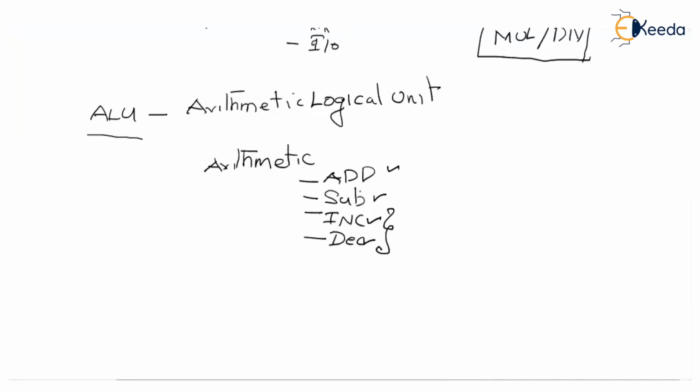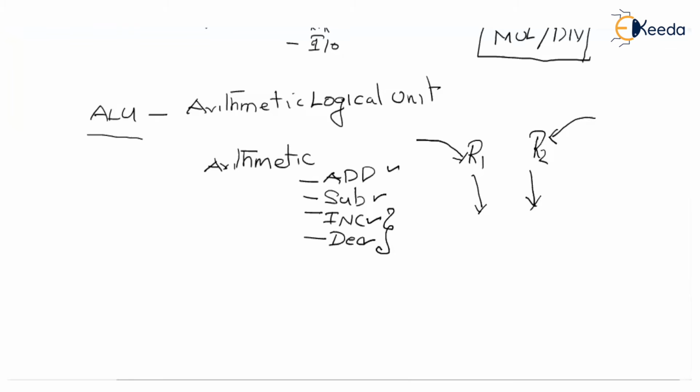Try to understand. For addition and subtraction, one register value R1 must be transferred to the ALU, and R2 should also be transferred to the ALU. Right? It requires two different clock cycles. In one clock cycle, R1 will get transferred. In one more clock cycle, R2 will get transferred.